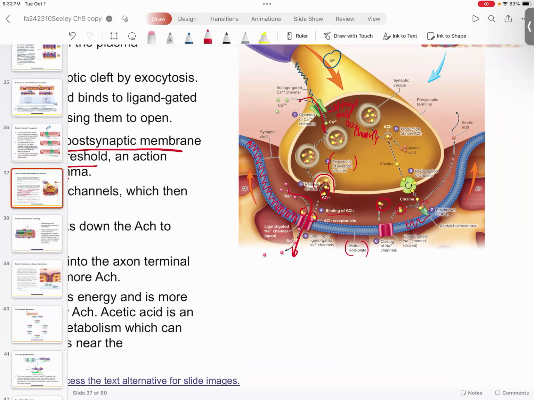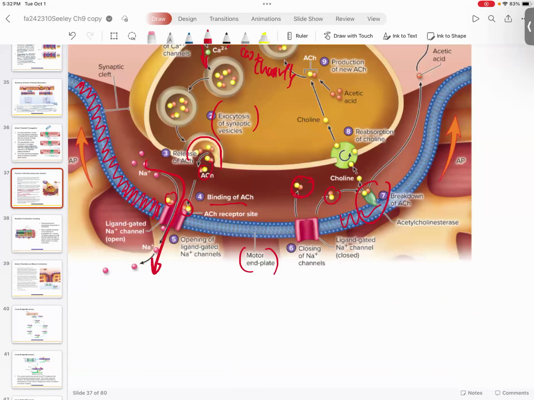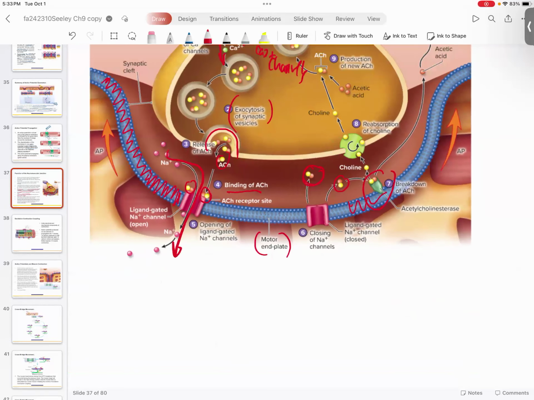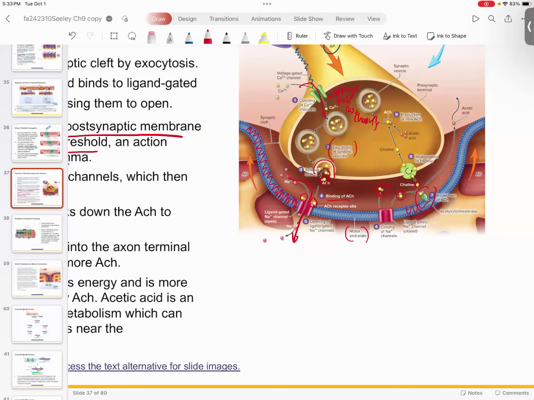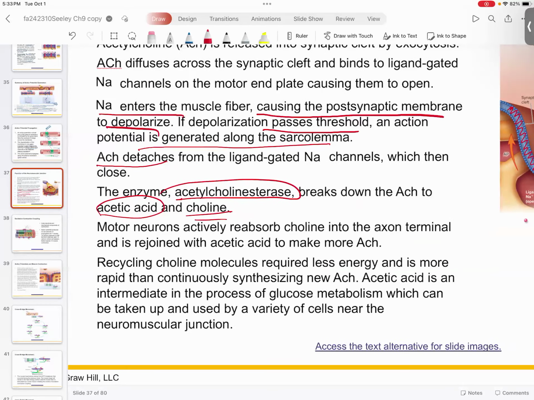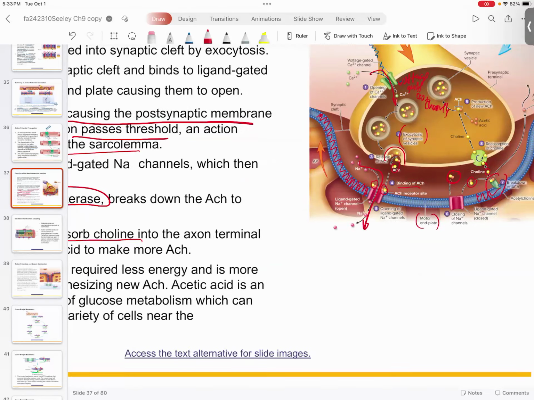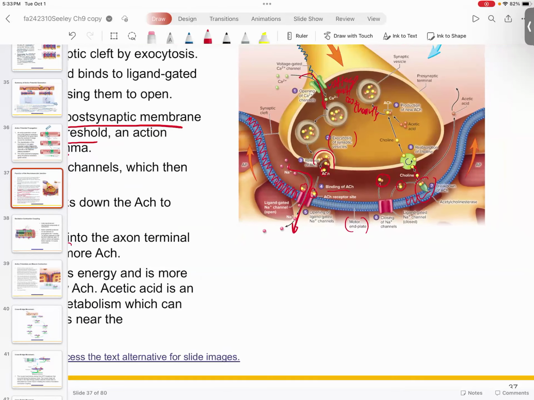So here's that piece right there, you can see the acetylcholinesterase grabbing onto the acetylcholine, and it's going to cut it in half. And so the first piece, the choline part, is going to be tethered to an enzyme that will recycle it. And so the motor neurons will actively resorb the choline with a transport protein. That's what you're seeing, that little green wheel right there.